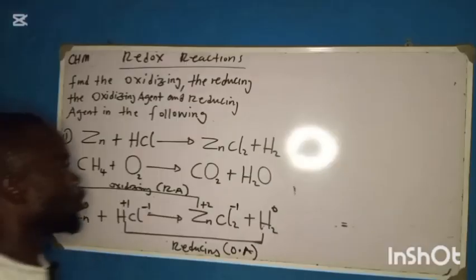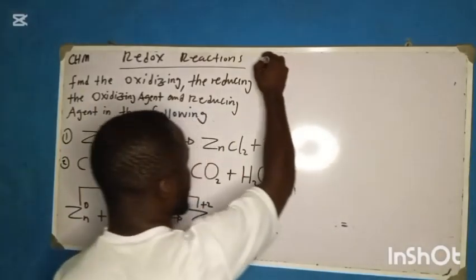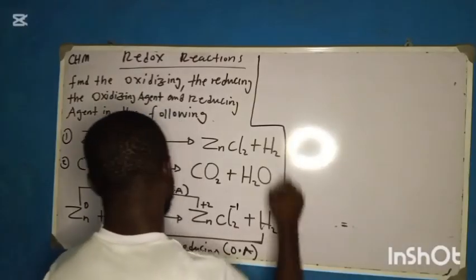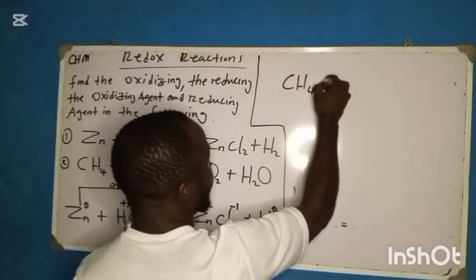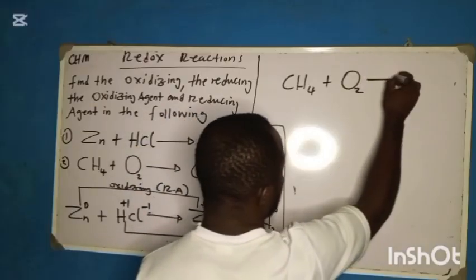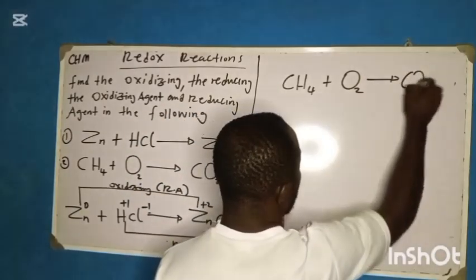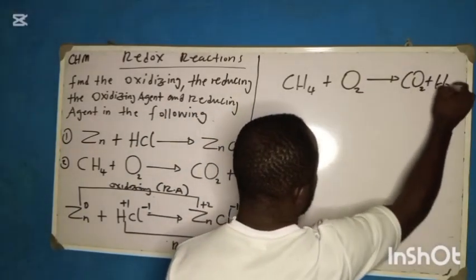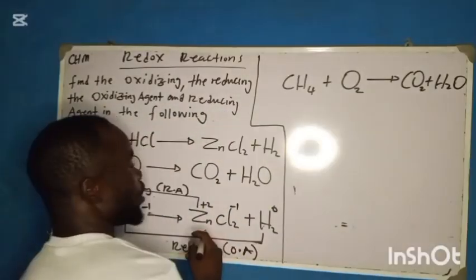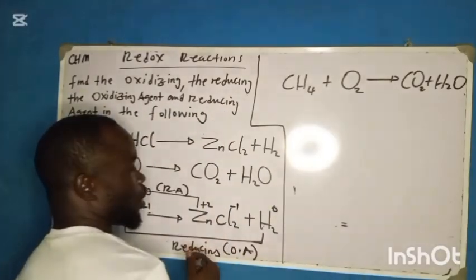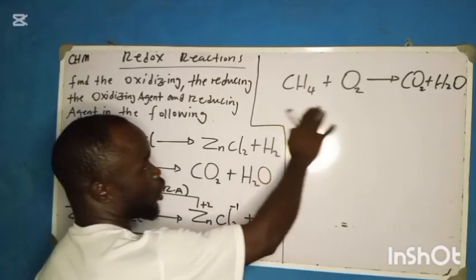Then this number 2. Let's write the number 2 there. We have methane plus oxygen gas reacting to give us carbon dioxide plus water. So if you look at this reaction, which one is reducing and which one is oxidizing? Let's find the oxidation number.